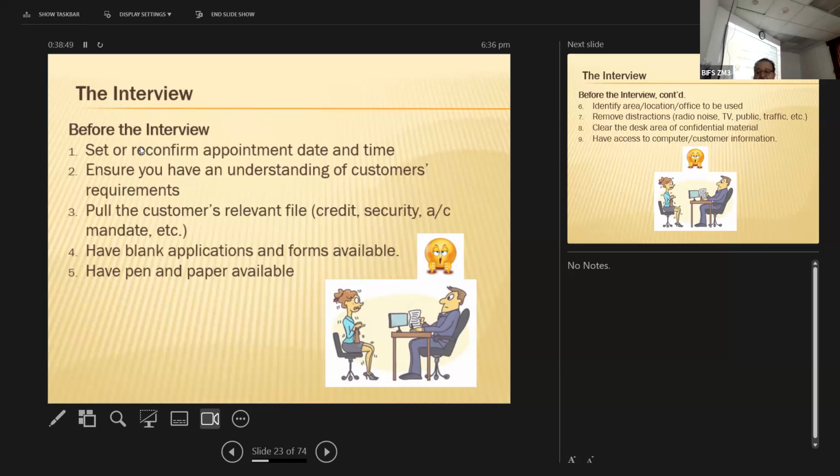You want to get all of your relevant forms together, whether those are application forms or some other form that the client needs to execute. Have them handy, because one of the last things you want is for the customer to come in and then you have to be calling around, oh, do you have this form, do you have that form?